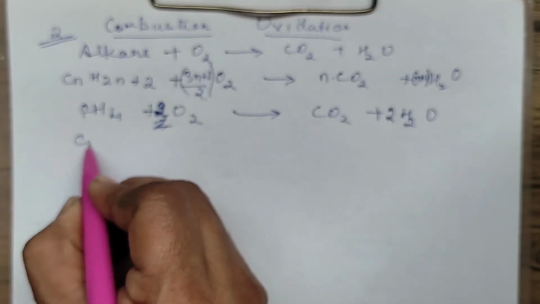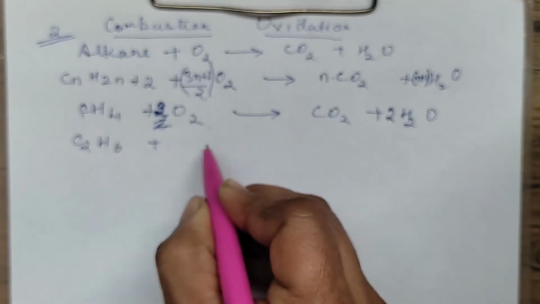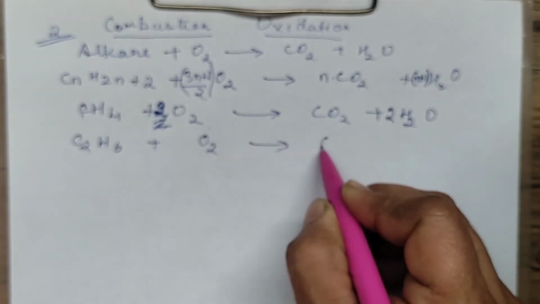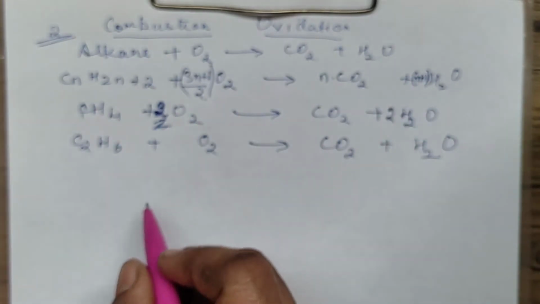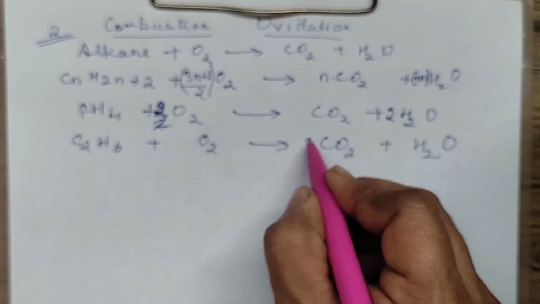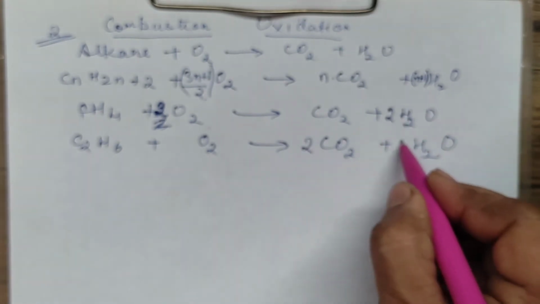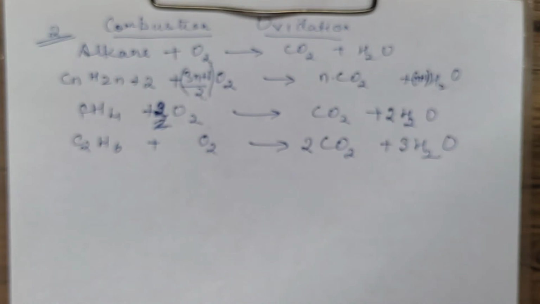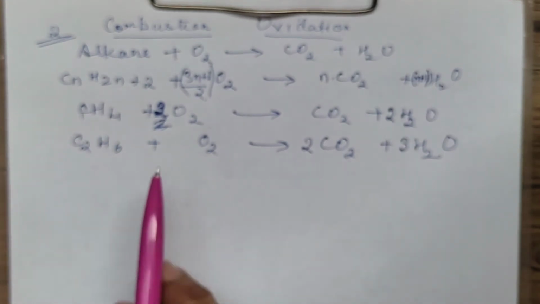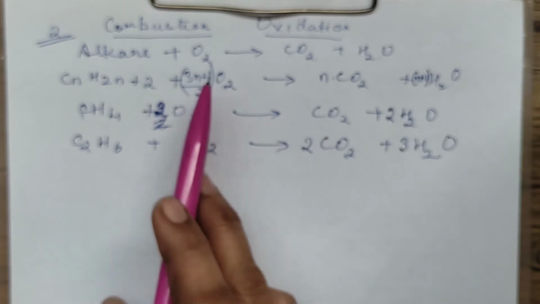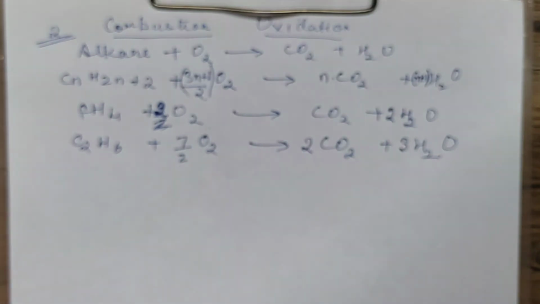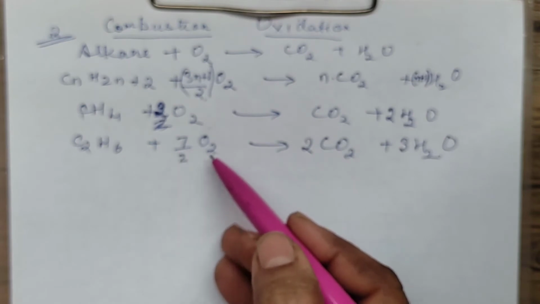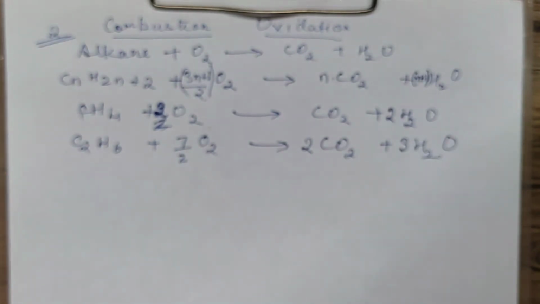Let us try out with respect to ethane also. Ethane plus oxygen gives carbon dioxide plus water. Apply this formula for balancing: C2, so the n value is 2. n+1, 2 plus 1, means it will be 3. For oxygen, 3 into 2 is 6, 6 plus 1 is 7, so 7 by 2, which is 3.5. 3.5 into 2 is 7, so 7 oxygens are there on the right hand side also.